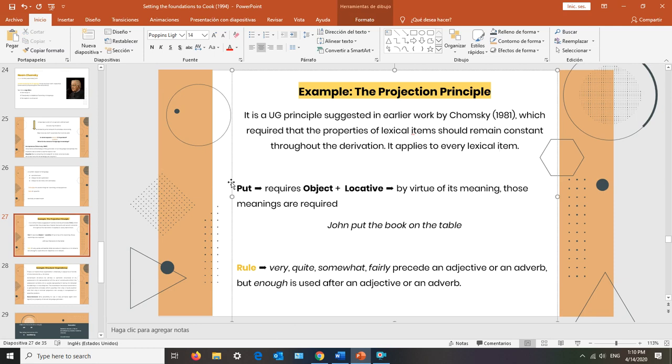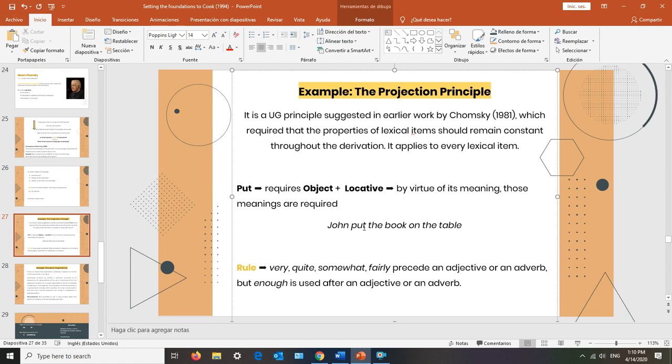For example, the content of put. The very meaning of put entails that an object accompany it and that a locative also accompany it for it to be part of a grammatical structure. So we cannot just have John put and make sense.